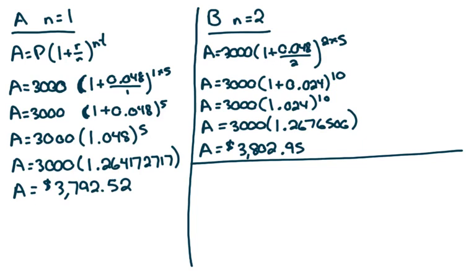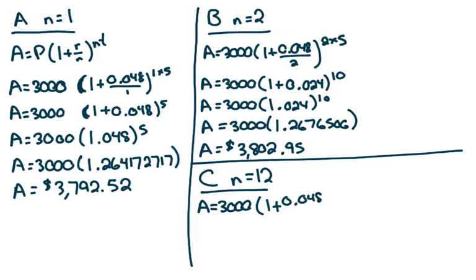Scenario C, we are monthly, which means there will be 12 compounding periods per year. Going into the formula, P is still 3,000, R is still 0.048, n is now 12, so the exponent is 12 times 5.